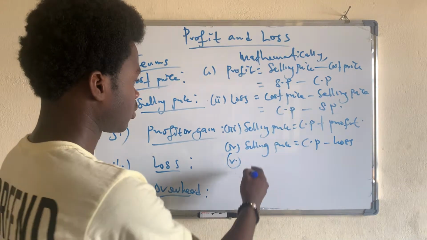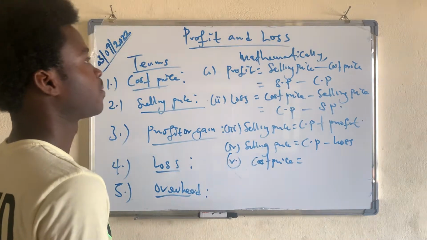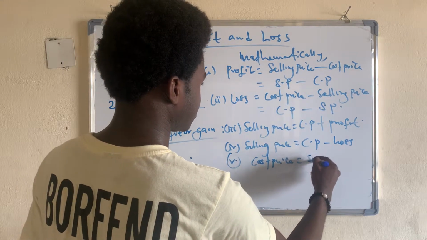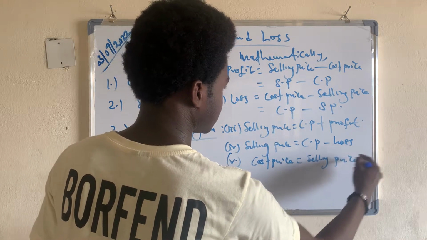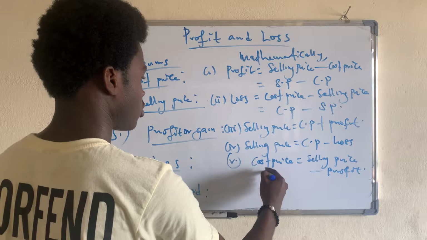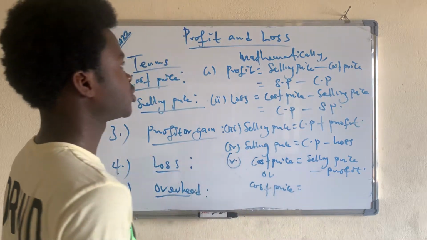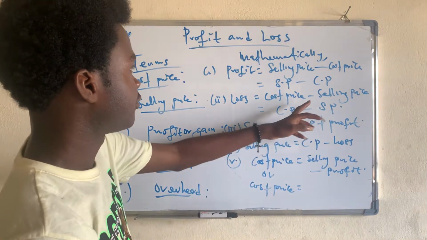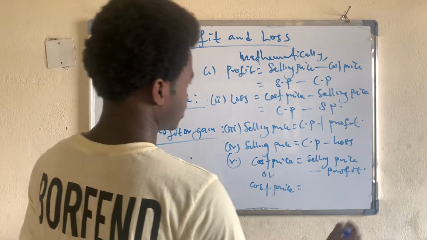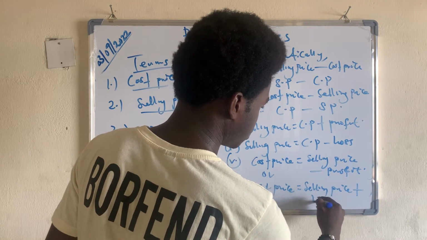We can also have that cost price is selling price minus profit. And from here, your cost price will be selling price plus loss.